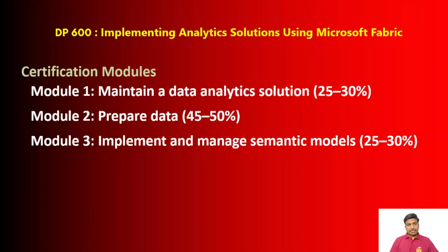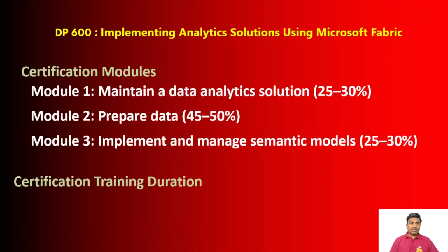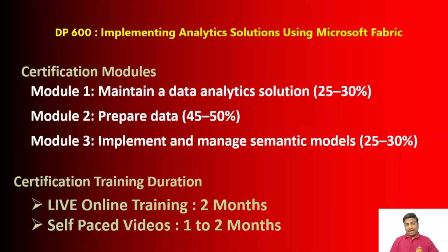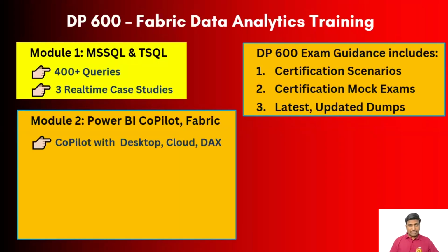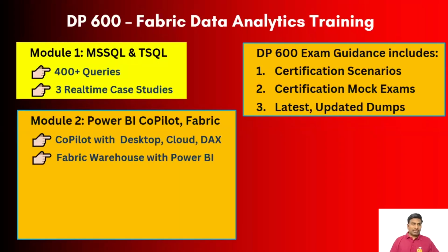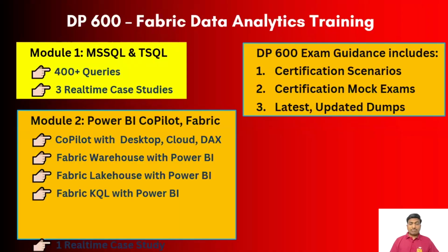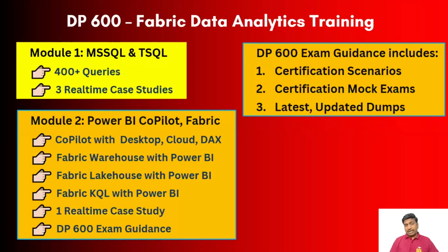In our classes, we'll be starting from scratch, from the basics of Fabric. Before that, we'll go for SQL concepts. This is an optional module, but recommended. Then you'll proceed to the actual Fabric DP-600 certification items with Copilot, Fabric Warehouse, Lakehouse with Power BI, KQL concepts, case studies, project work, and DP-600 guidance.